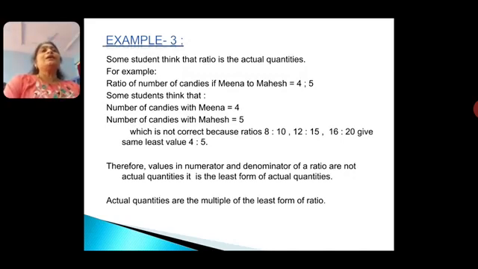Some students think that number of candies with Meena equals 4 and number of candies with Mahesh equals 5, which is not correct, because ratios 8:10, 12:15, 16:20 also give the same least form 4:5. Therefore, values in the numerator and denominator of a ratio are not the actual values. It is the least form of the actual quantities. Actual quantities are multiples of the least form of the ratio.